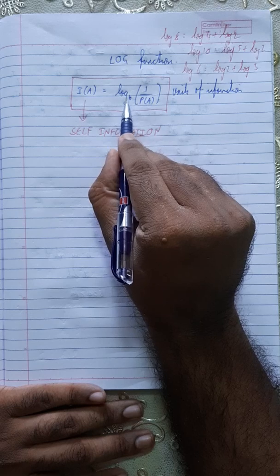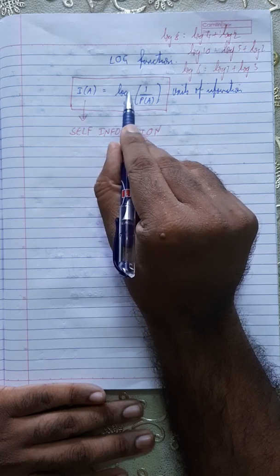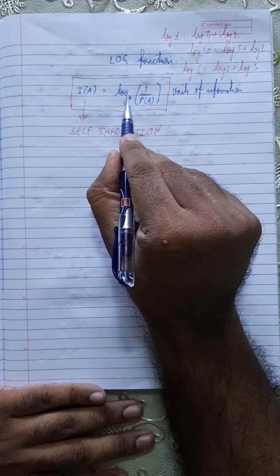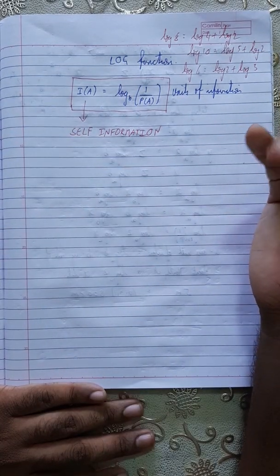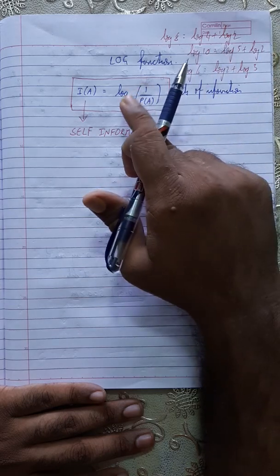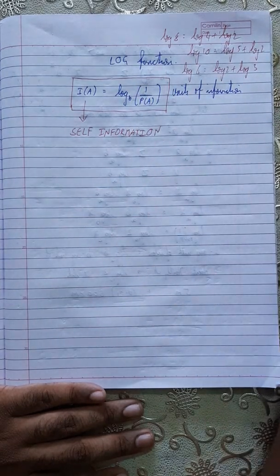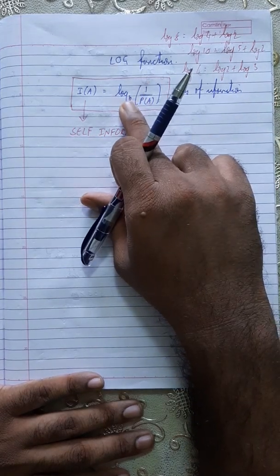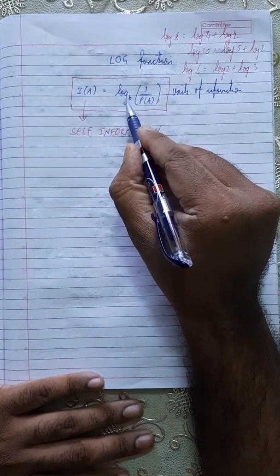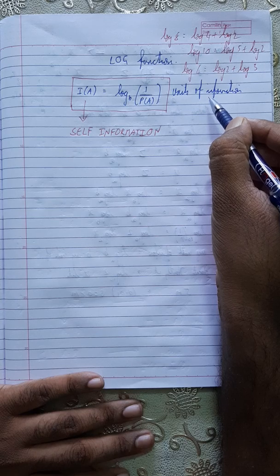The base represents the base of the logarithmic function, and it also represents the number of messages. So if there are only two messages, 0 and 1, the base will be 2. If there are 10 messages, then the base is 10. Depending on the value of the base, the unit of information is different.